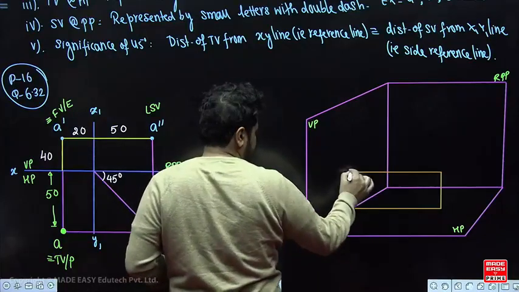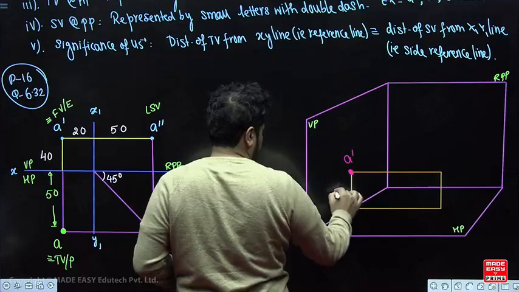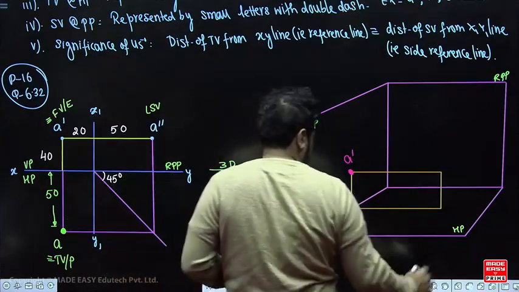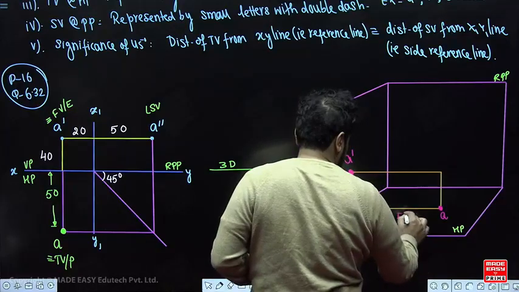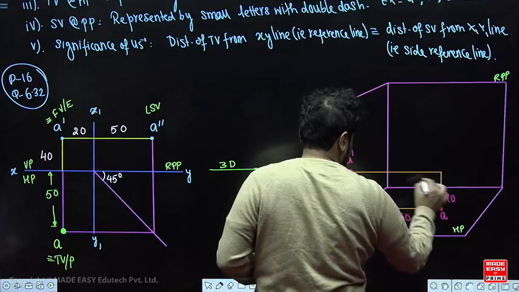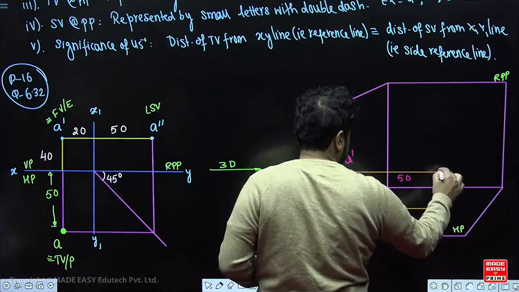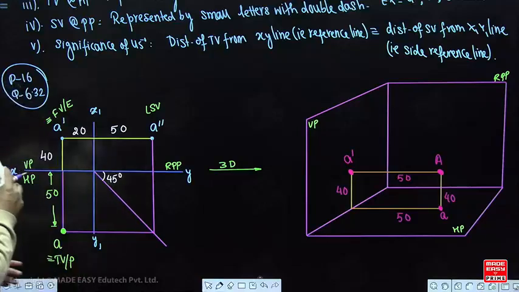So this is XY, this is your A dash. How much? 40 mm. 50 mm is A. This is your A. How much? 50. So this will also be 40 and this will be 50. So the actual point is somewhere here. This is the actual point A, isn't it? Clear?